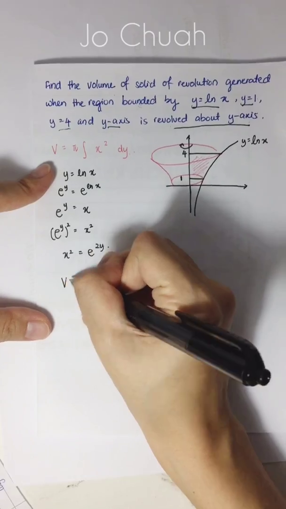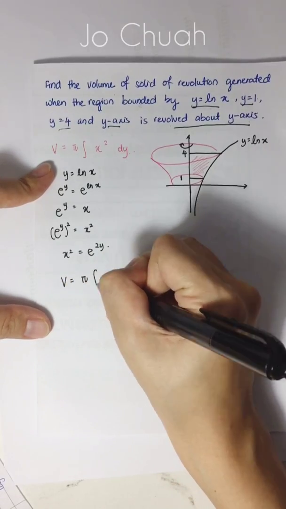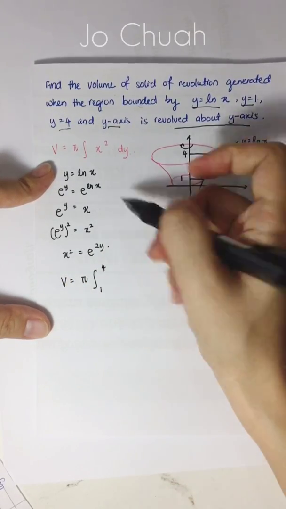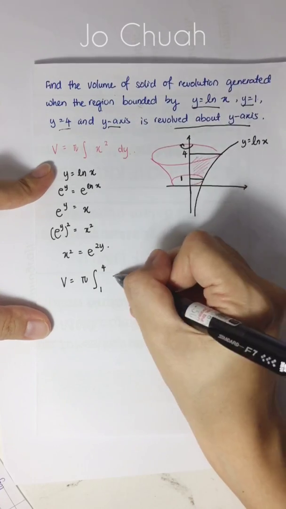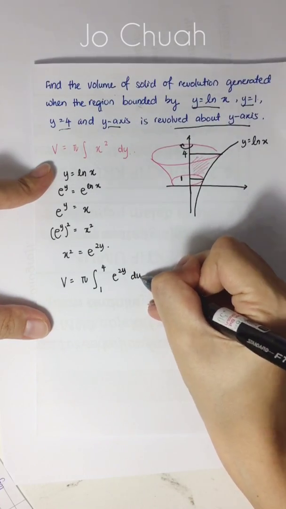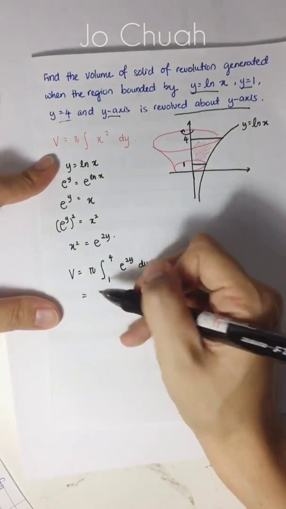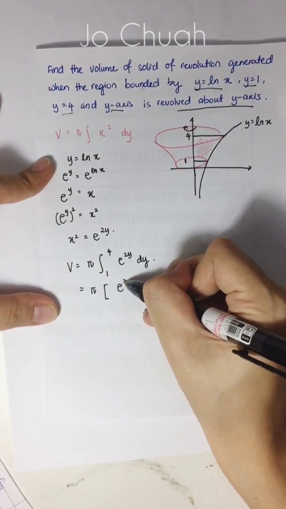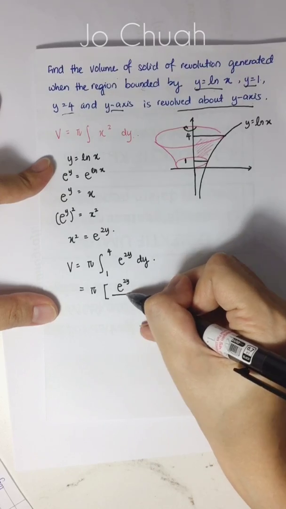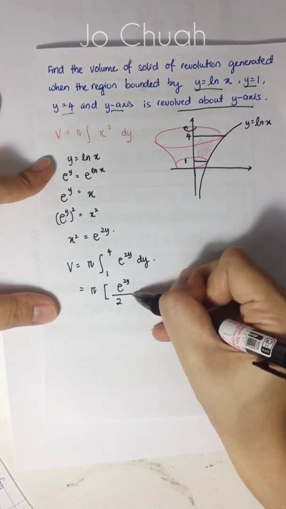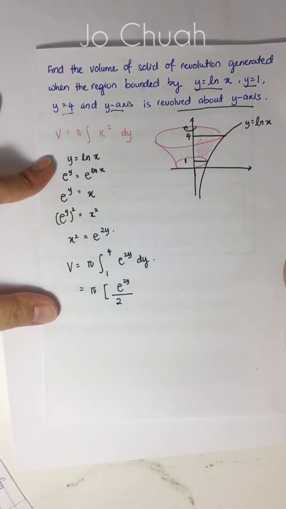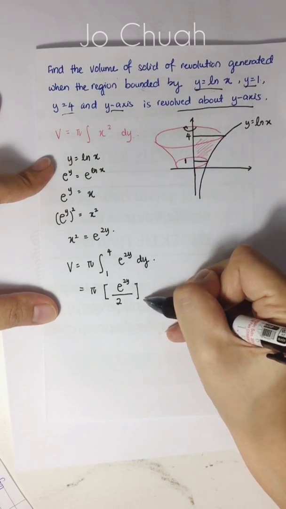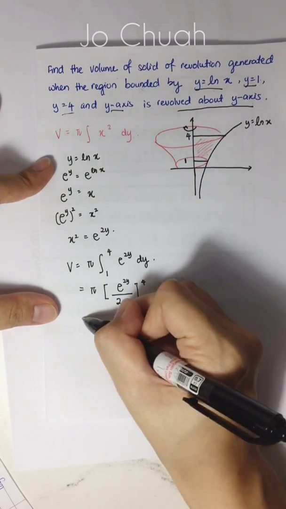What we're gonna do is V = π, the limit is 1 to 4, and this is your x² here, e^(2y) dy. So I'm just gonna quickly integrate this. So copy, divide by differentiate power, and ln base, and the base is e. So ln e is 1, so I don't write it anymore.